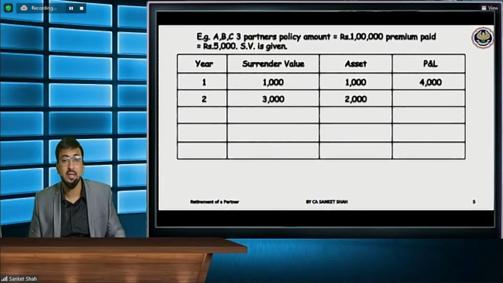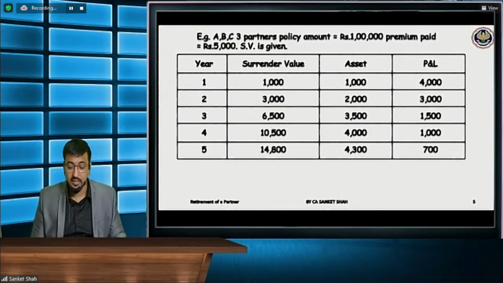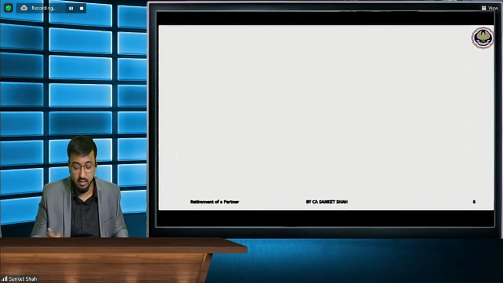Don't write asset and P&L column. Write only the surrender value column. Concentrate on this surrender value.